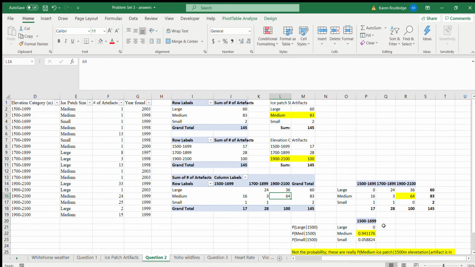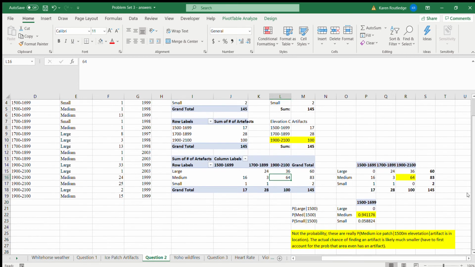The next one asks us for the probability, or not a probability, for which ice patch size given that we are restricted to the 1500 to the 1699 elevation. So here our pivot table is very short. We can actually look at it from here.